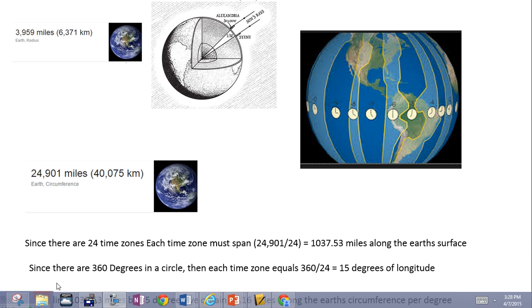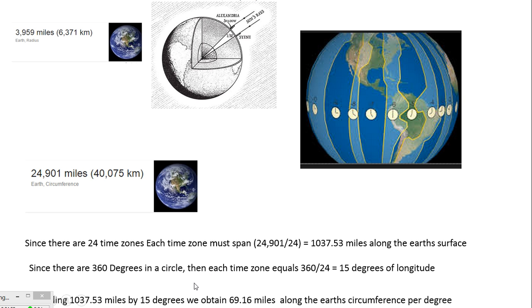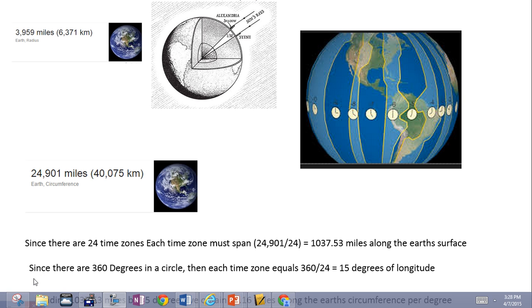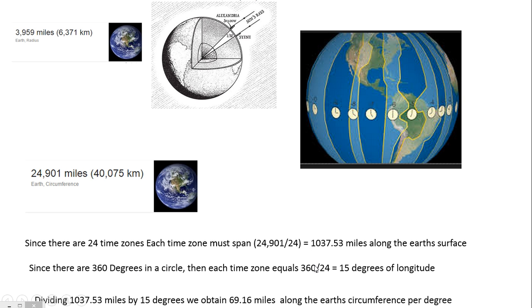So if we can do a little further subdivision, I'm sorry, this is not showing up. The little further subdivision here shows that dividing the 1,037 miles by the 15 degrees gives us roughly 69 miles along the surface, the circumference of the Earth, per degree of longitude.